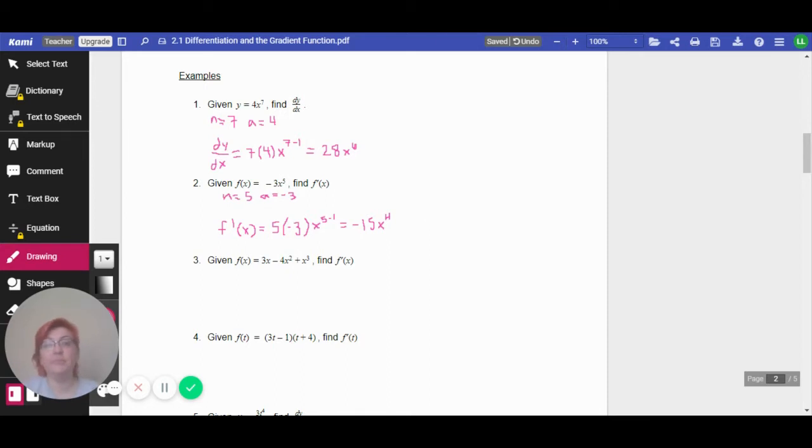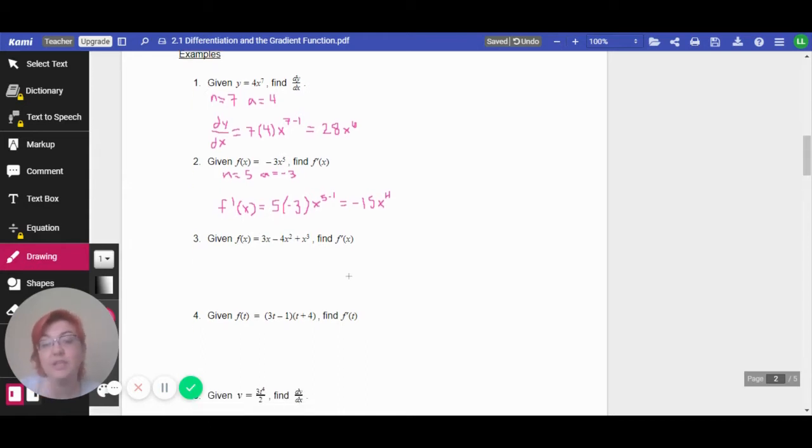Well, that's all fine and good, but not every function only has one term. If you look at number 3, I've got 3 terms. And the way that we're going to deal with that is we are going to find the derivative of each one. So for this one here, I have n equals, what?